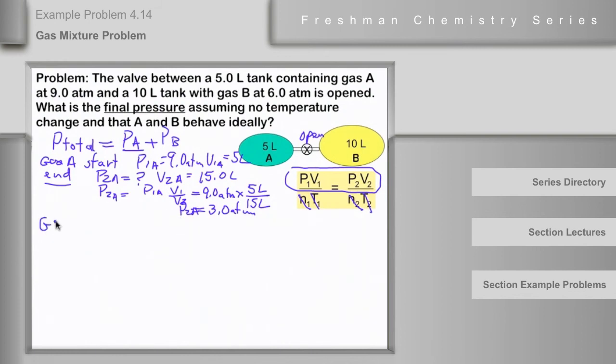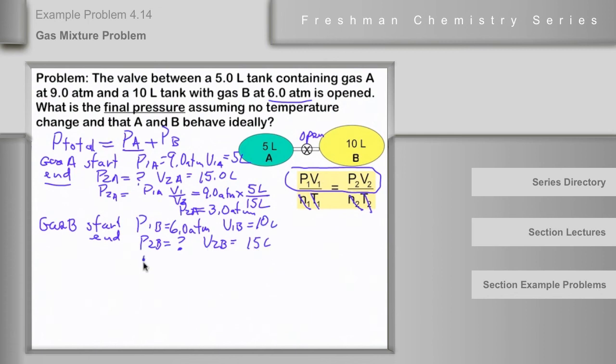If we look at gas B, we'll treat it just the same way. At the start, P1 of B is 6 atmospheres, and V1 of B is 10 liters. And at the end, when the valve is open, P2 of B is what we need to solve for, and V2 of B, just like A, is 15 liters.